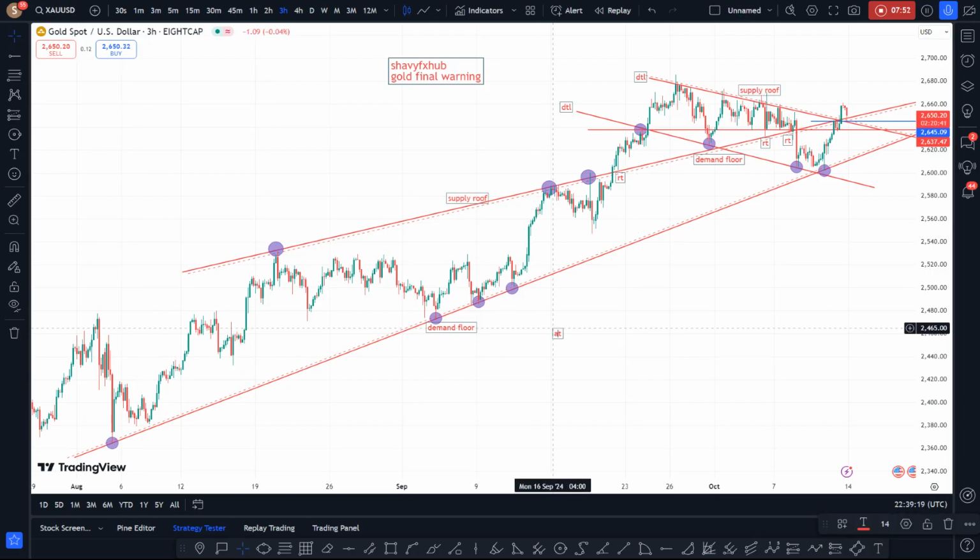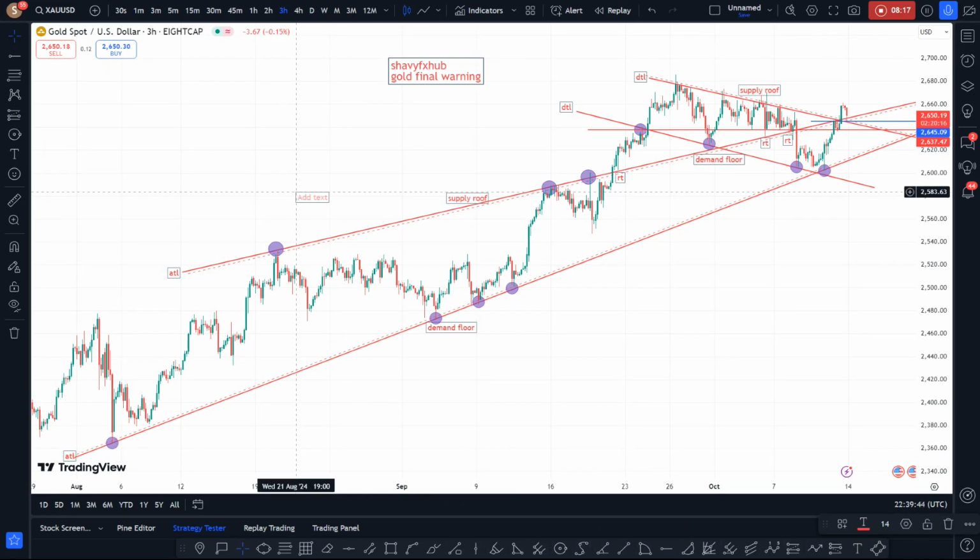So we see ATL, another ATL. So it is based on structure. We have here supply, resistance becomes support.